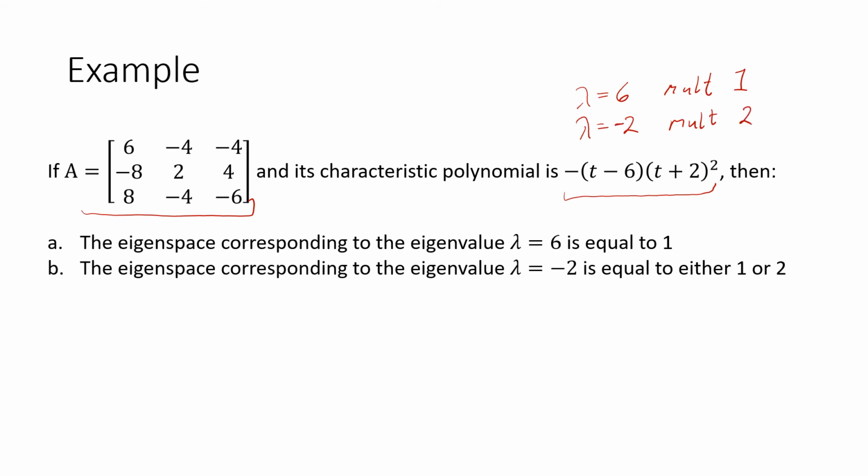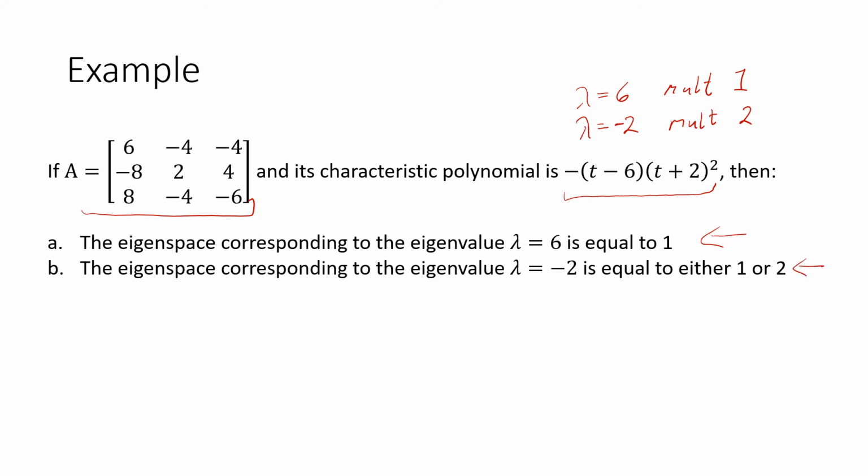Right away, that's enough to tell you something about the size of the eigenspaces. Lambda equals 6, if you work out the eigenspace for that, it is guaranteed to be dimension 1. You're going to get a single vector as its basis. What about the one with lambda equal to -2?